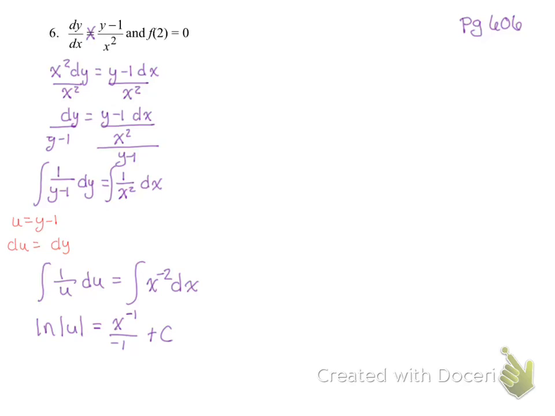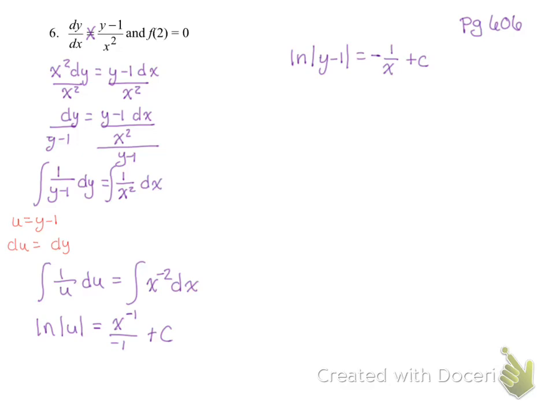So over here, we're going to have the natural log of the absolute value. I'm going to replace u with y, so y minus 1 is going to equal negative 1 over x plus c. Or you could leave it as x to the negative first. It doesn't matter.